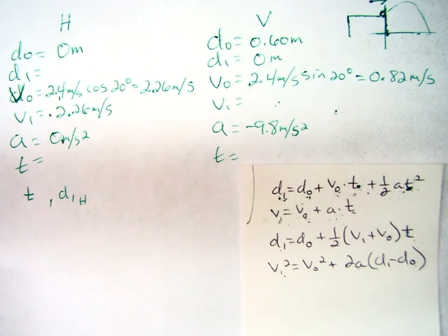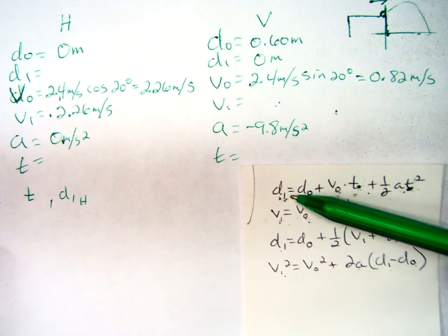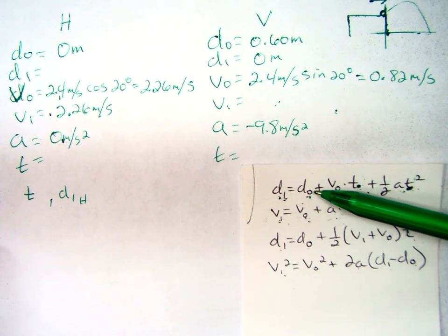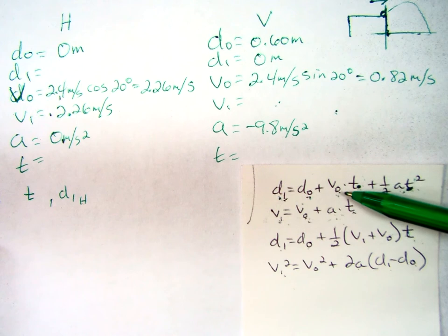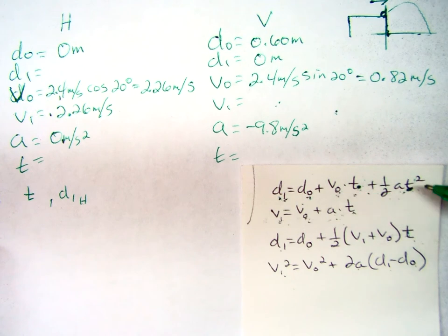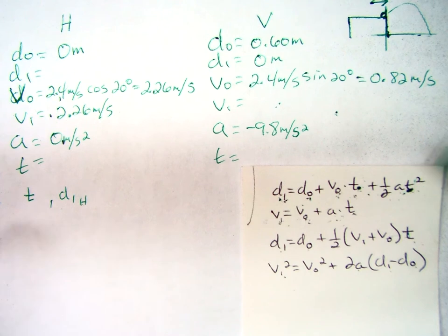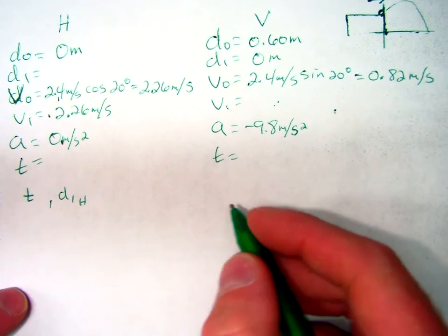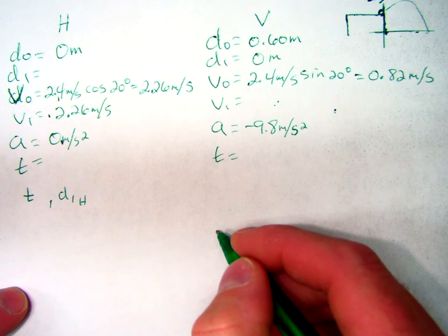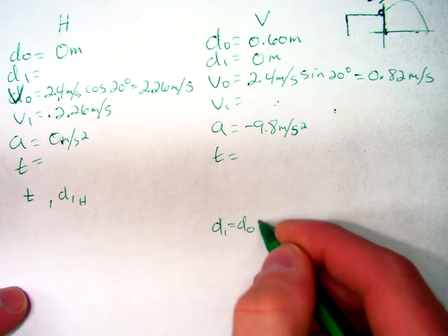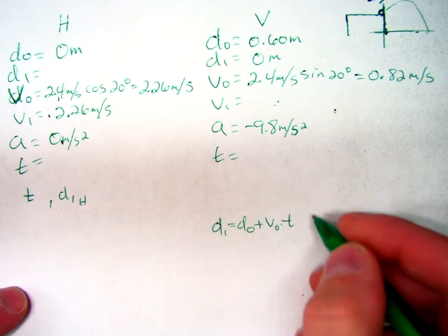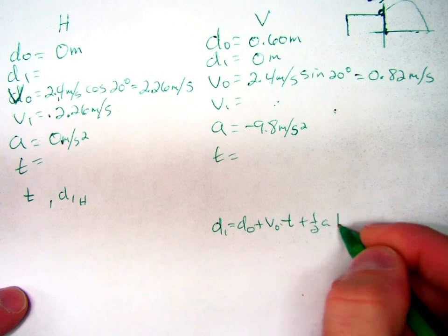And I'll get out my equations, and I'll look for an equation that I can solve for time. Do I know D1 vertically? Yes. Do I know D0? Yes. Do I know V0? Yes. Do I know A? Yes. I can use the first equation to solve for time. So I'm going to write that down. And I've got D1 equals D0 plus V0 times T plus 1/2 AT squared.